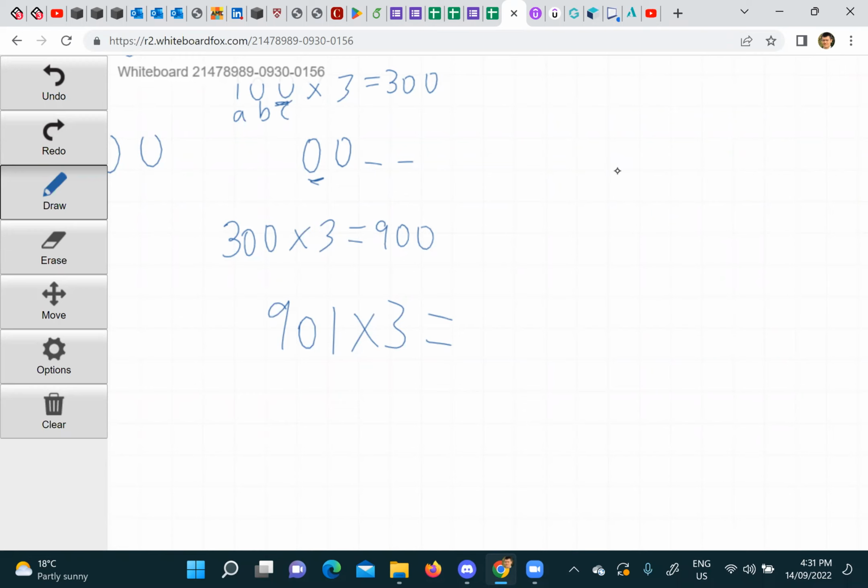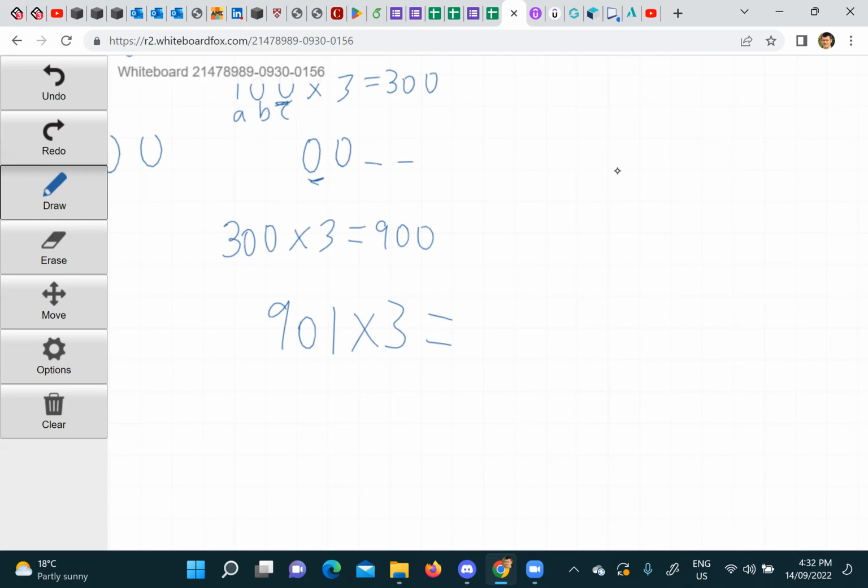Okay, that's very good. Your answer is correct. So we'll see if other people can get it as well. Okay, how do you get this? Because 3 times 1 equals 3. 0 times 3 equals 0. And 9 times 3 equals 27, so 2,700.